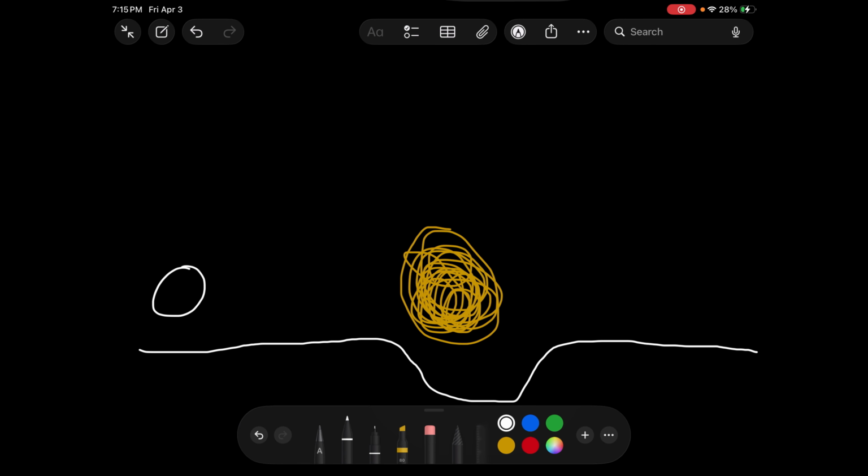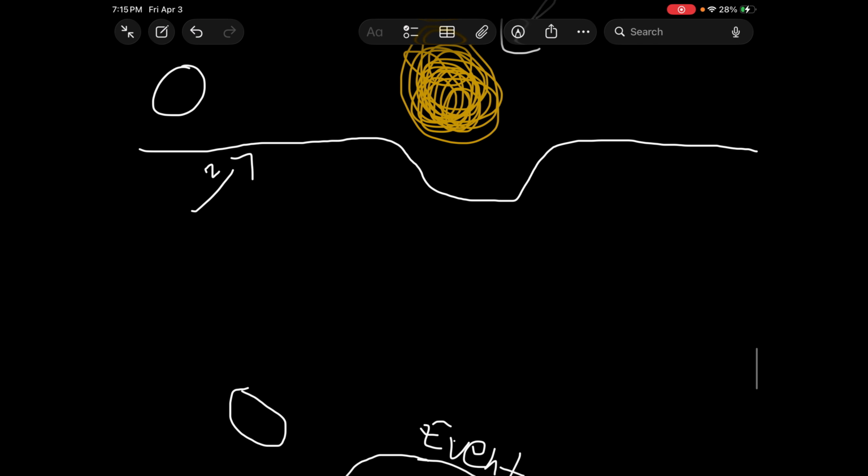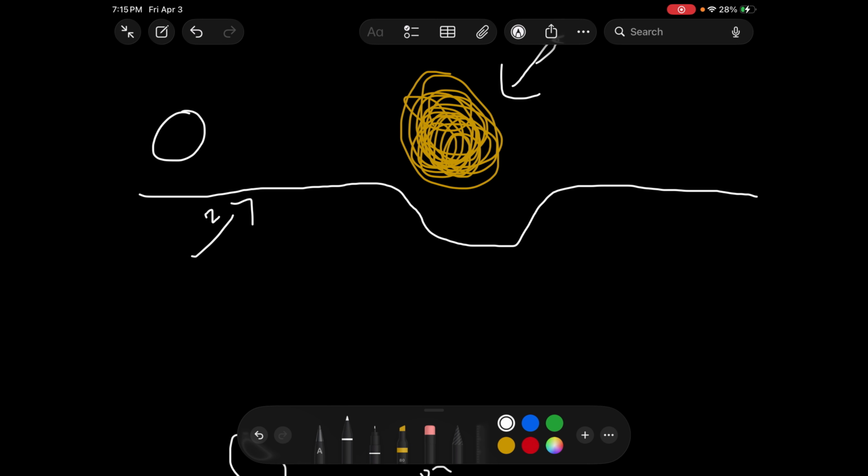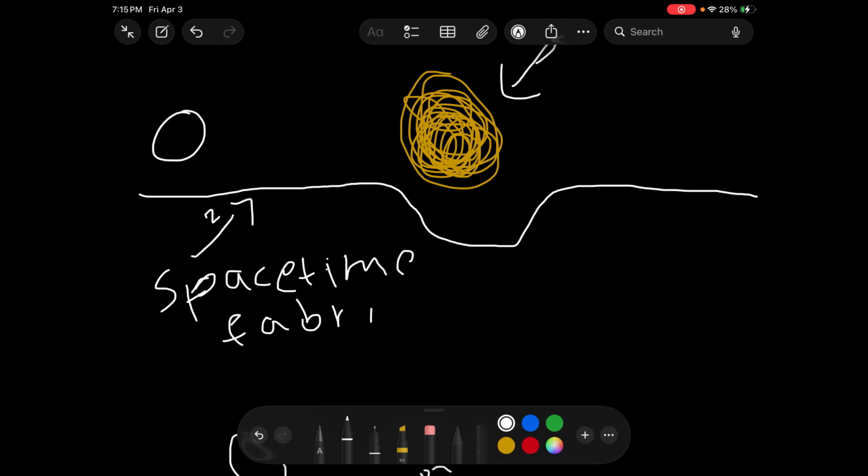Basically how it works is, we have the sun over here, and this is a space-time fabric. What the sun basically does is that it curves this fabric of space-time, and that is what causes gravity.